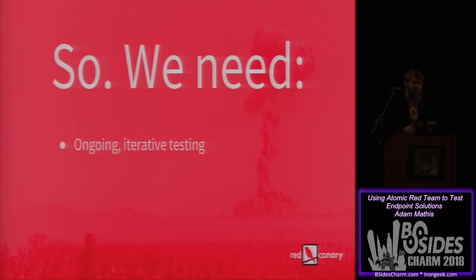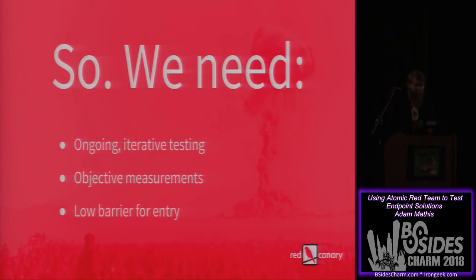We need to be able to test something, see what we can do about it, and test it again very, very quickly. We need objective measurements. We need some roadmap that helps us figure out where we're starting, where we're going, and how we check those boxes along the way. We need a low barrier for entry, because there's a lot of organizations that are very small, they have limited resources, but they want to do good things too. They want to test their solutions and make sure that they're working.